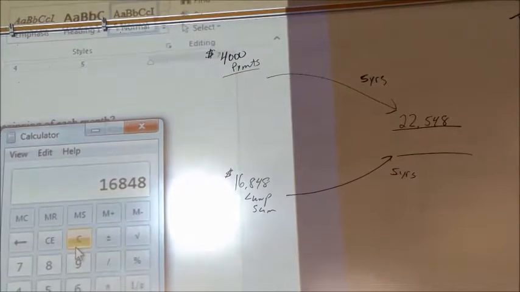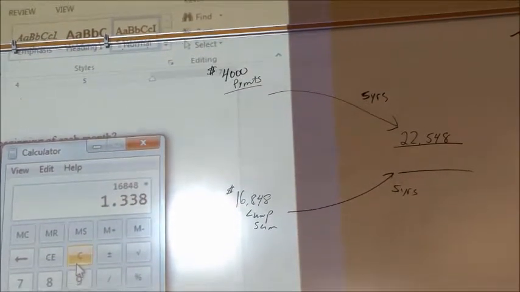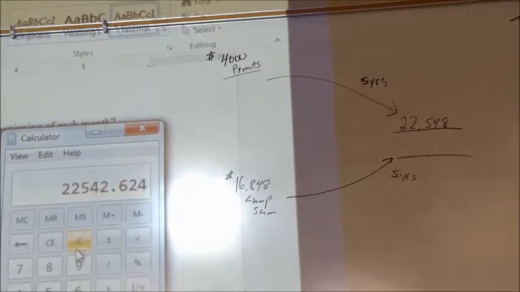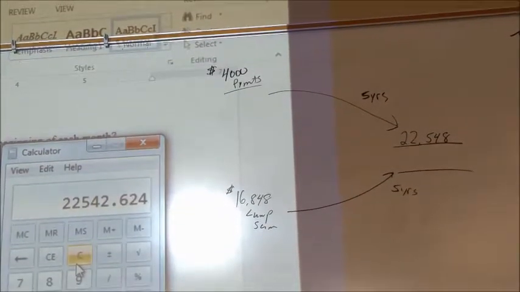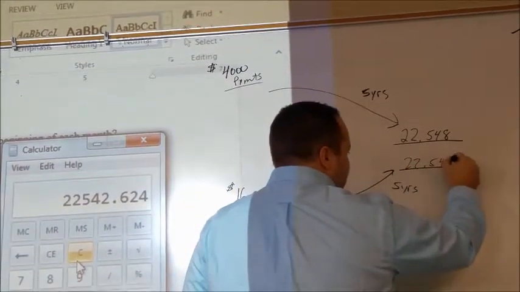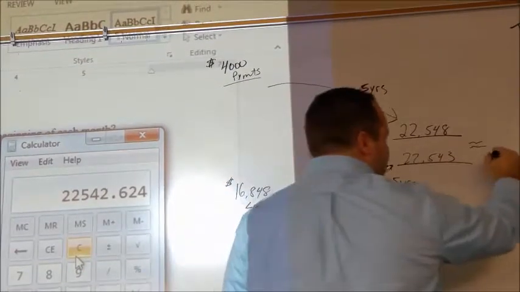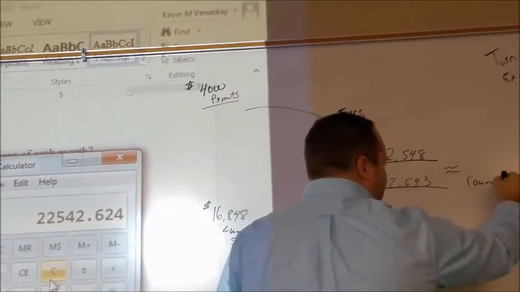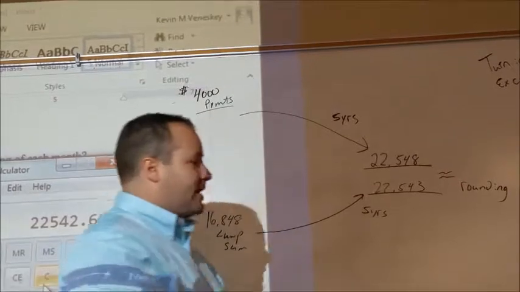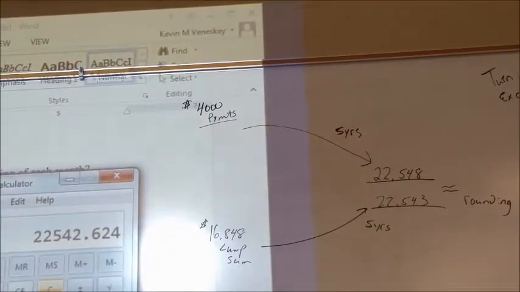Yeah, I get 1.338. 22,543. And these are basically equal due to rounding. Remember, $1 per 1,000 is very acceptable. I'm only off 5 out of 22,000.